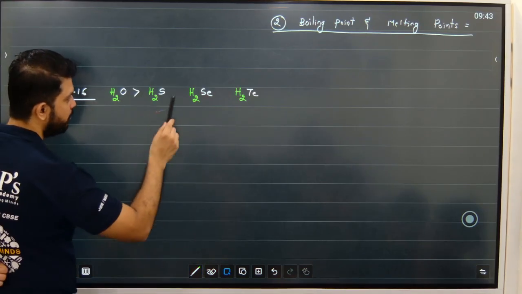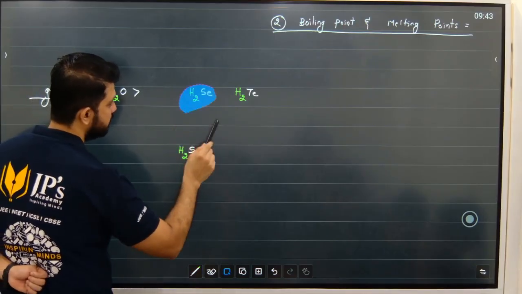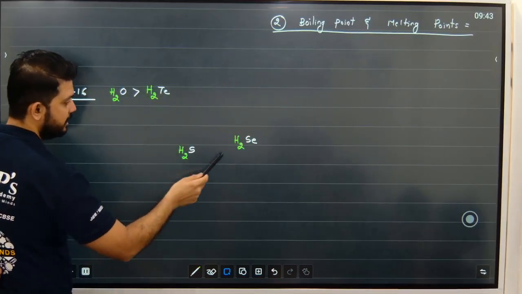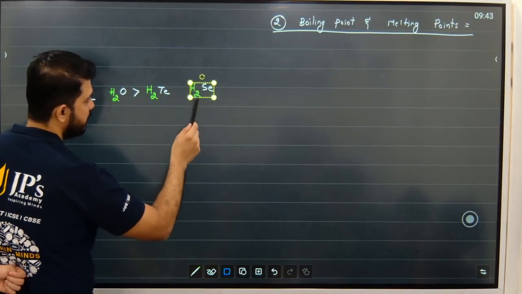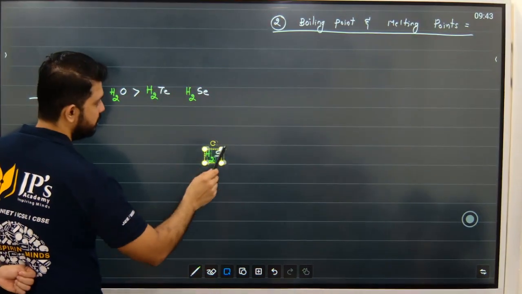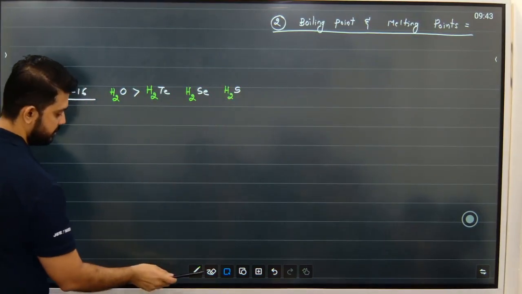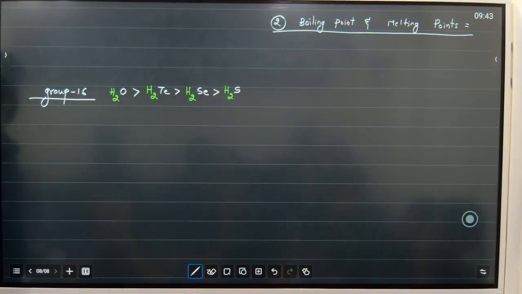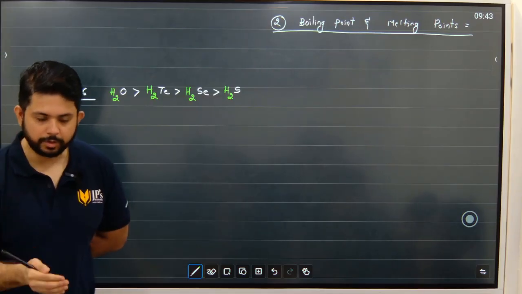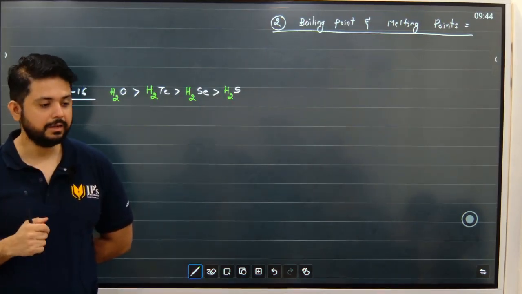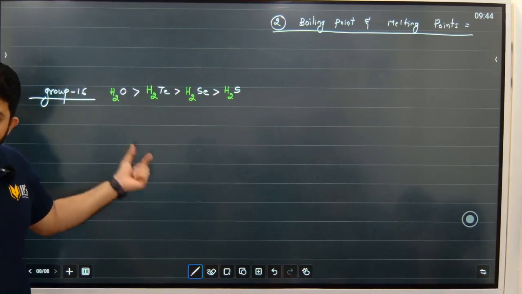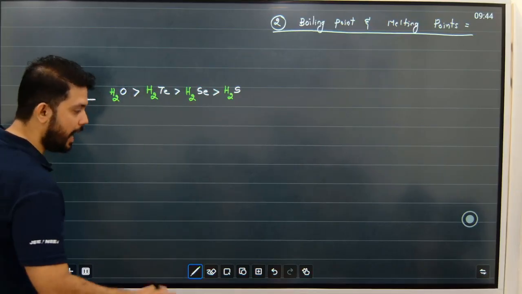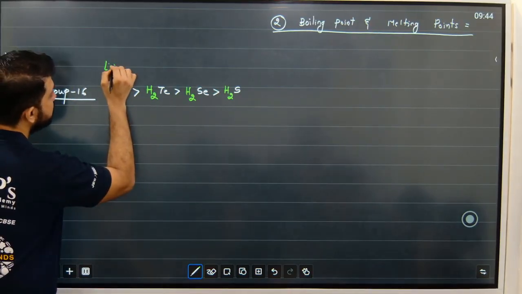Then the next highest boiling point is H2Te, then is H2Se, and then we have H2S. That is the trend in boiling point. And it's a very, very important trend. Why? Because of hydrogen bonding. What is the state of H2O at normal room temperature?